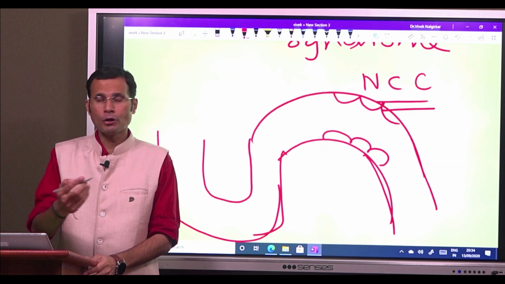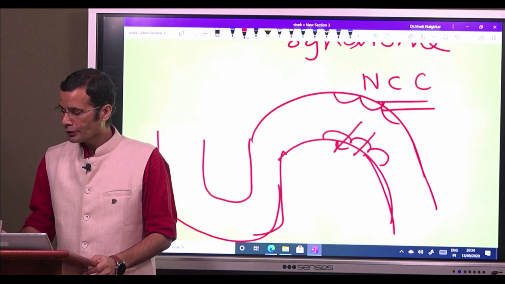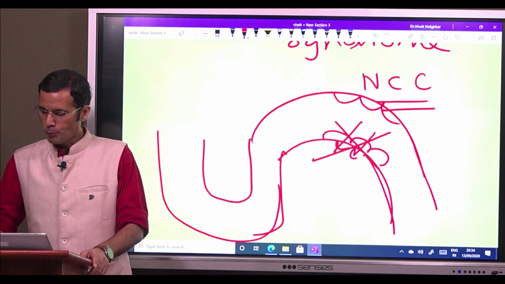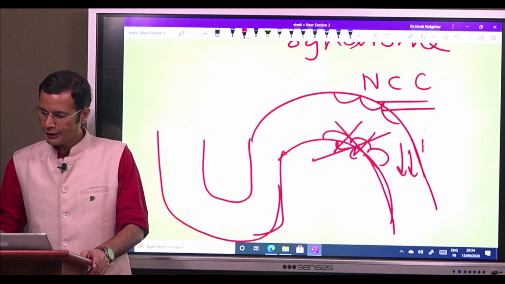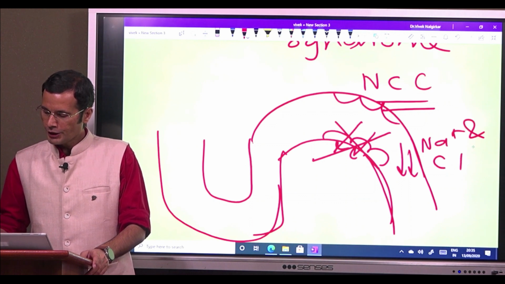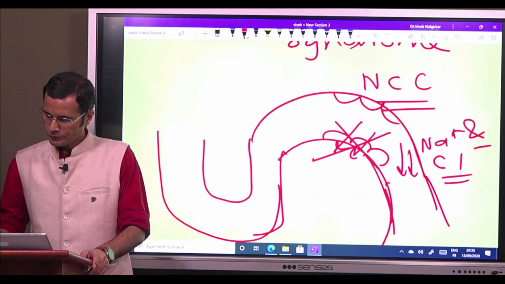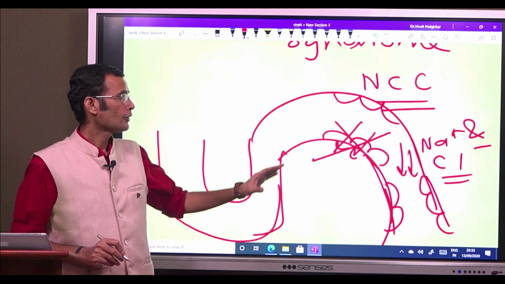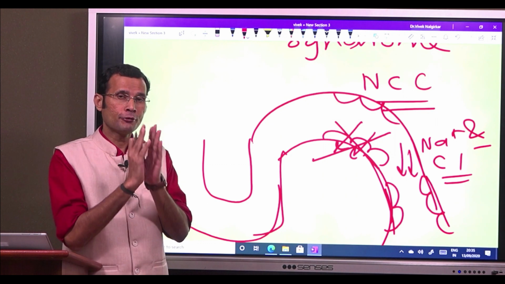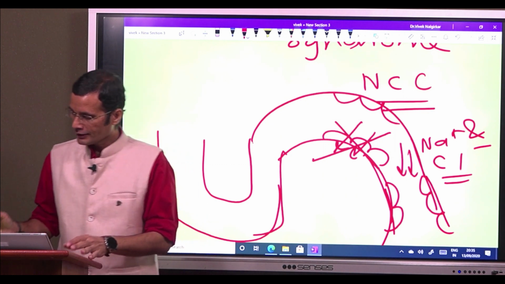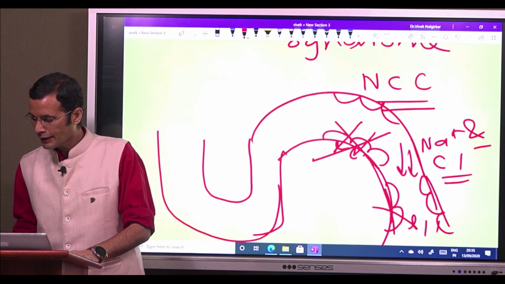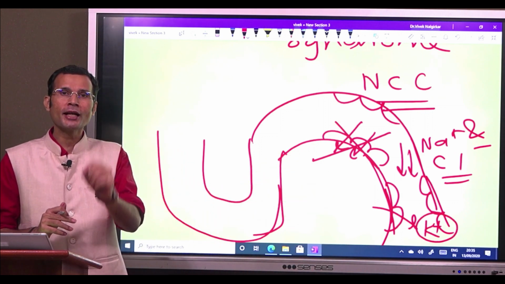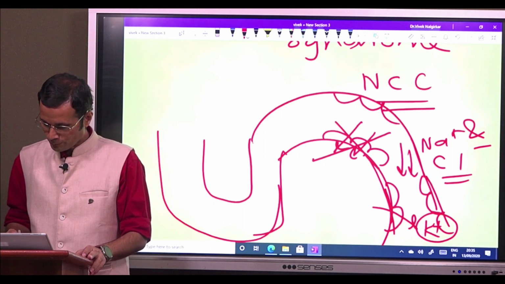So what will be the result? Sodium and chloride could not be reabsorbed from the DCT. So more sodium and more chloride reach the collecting duct near the principal cells with more water, and therefore the rate of flow of tubular fluids increases. That means more potassium secreted, more potassium lost into the urine. Hypokalemia in Gitelman syndrome.